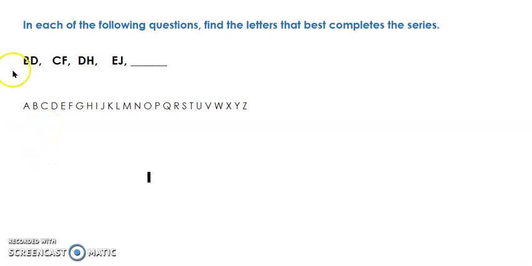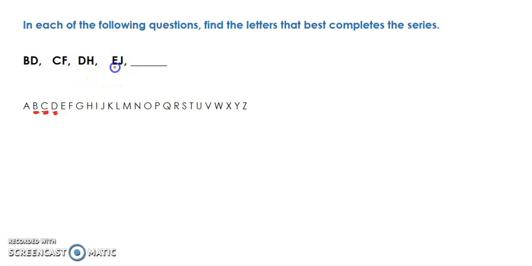So let us look. B, D, C, F, D, H, E, J. Let us look at the first letter. The first letter of the first one is B. So what I'm going to do, hold on a second, let me just get out my pen. I'm going to put a little mark on the B. The second letter is C. I'm going to put a second letter mark on the C. The third letter is D in the third series.